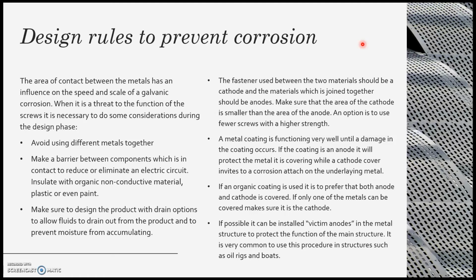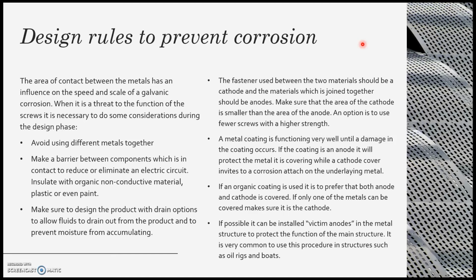You should make sure to design the product with drain options to allow fluids to drain out from the product and to prevent moisture from accumulating. The fastener used between the two materials should be a cathode, and the materials which are joined together should be anodes.